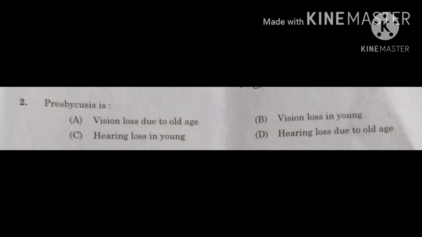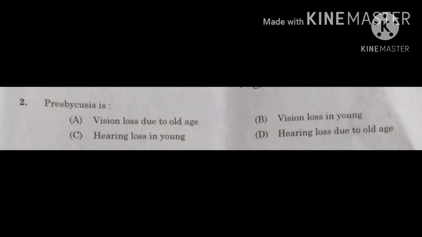Here is your second question. Presbycusis is. It's a condition: as a person gets older and older, you can see hearing impairment, loss of hearing abilities. That condition is known as presbycusis. Okay, so when you are analyzing the four options, you can see that the correct answer is the fourth option, that is hearing loss due to old age.